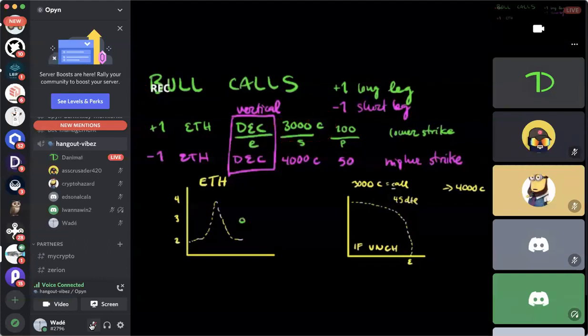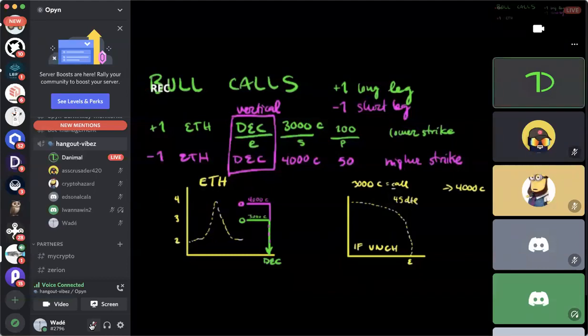So let's open it today, and it's going to go out to December. And then same thing for our higher strike, 4,000 call. We're going to open that one, and it also goes out here. So this is our 3,000 call, and this is our 4,000 C.